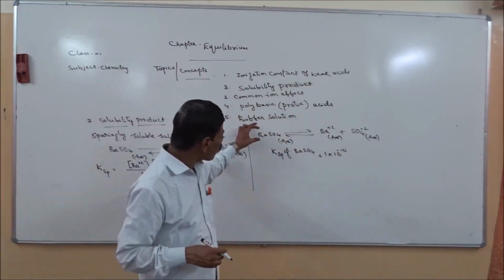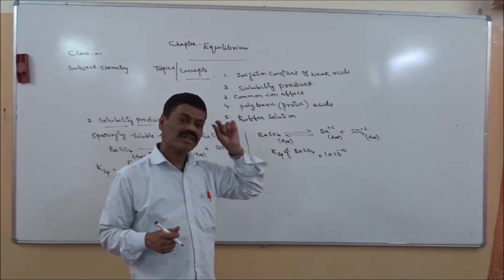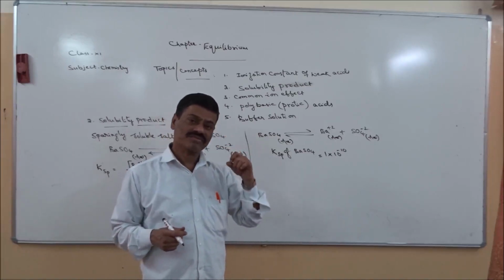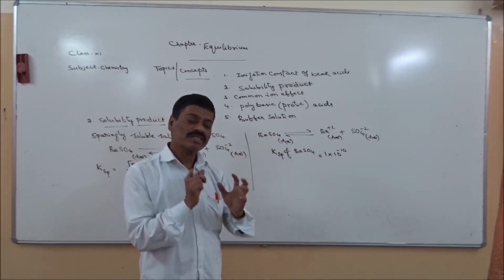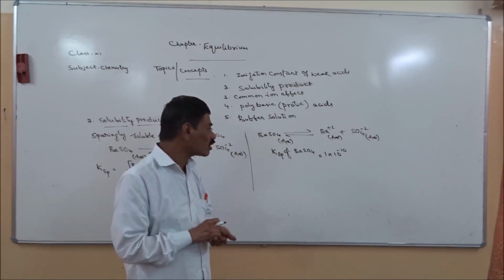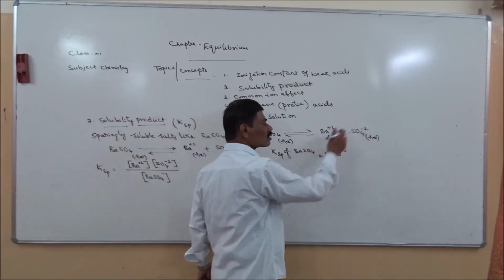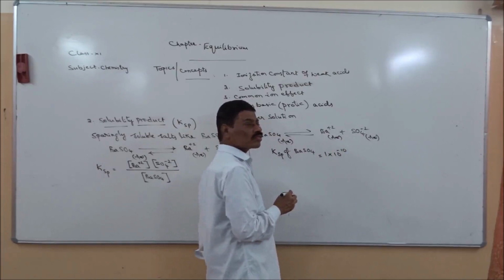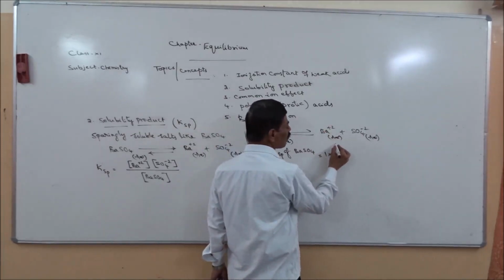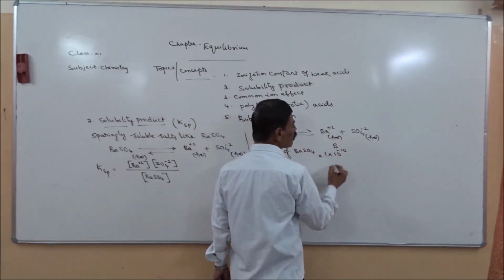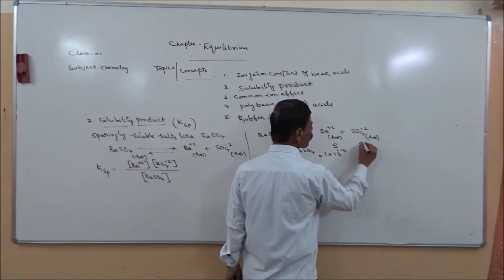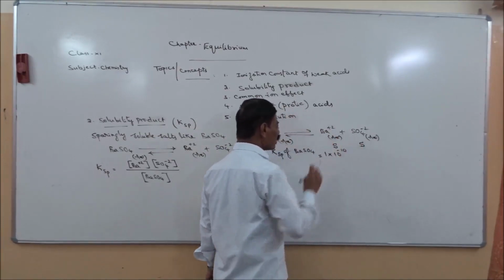Here, how much amount of barium sulfate dissolves in water? Right? How much amount of barium sulfate is soluble in water? That much amount of barium and sulfate ions will be appearing. So, solubility of barium dipositive ion, say S. Solubility of sulfate dinegative ion, say S. Right?